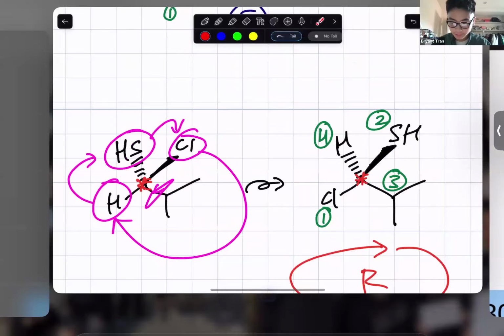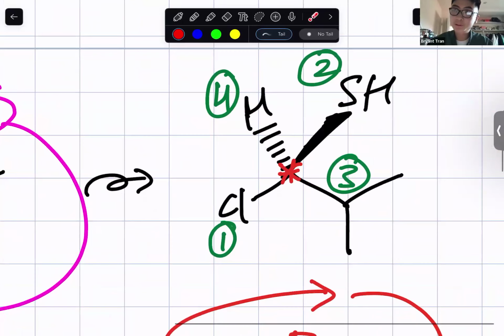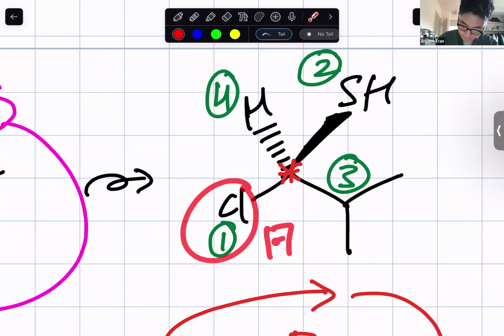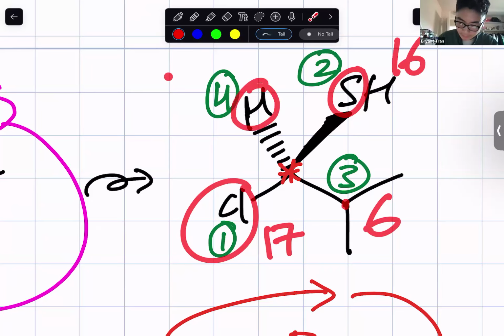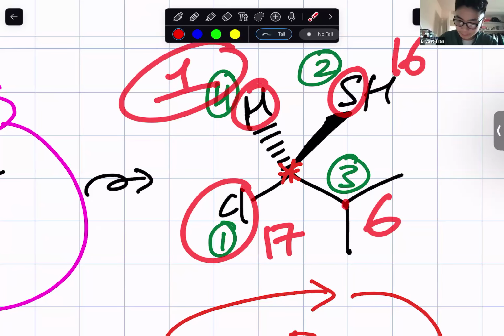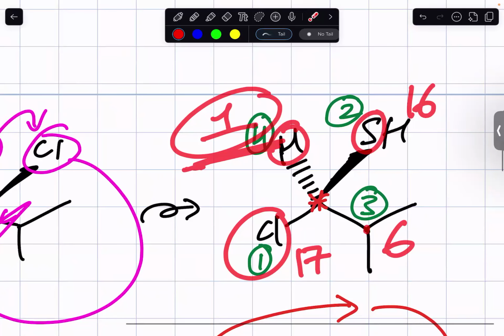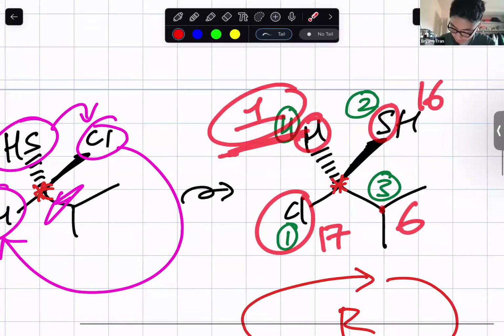When we assign priority, it is in terms of atomic number. So chlorine is number 1 because it has atomic number 17, sulfur has 16, carbon has 6, and hydrogen has atomic number 1, which is the lowest on the periodic table. That's so clear. Thanks. Yep, that's good. Okay.